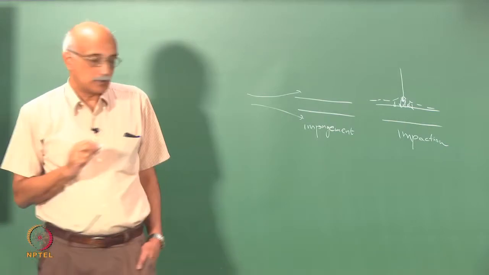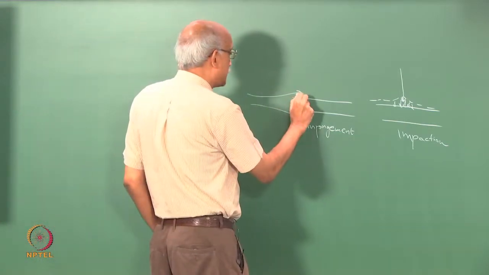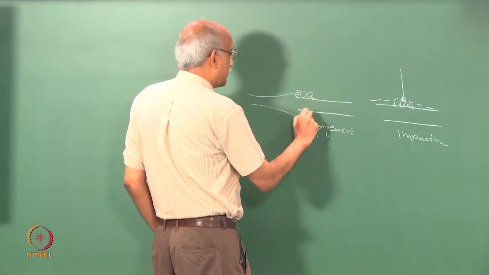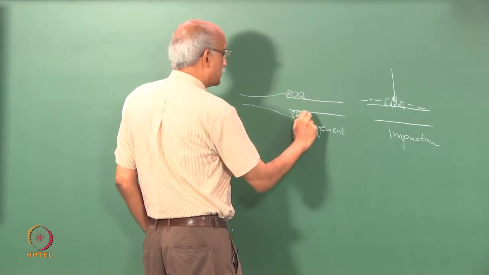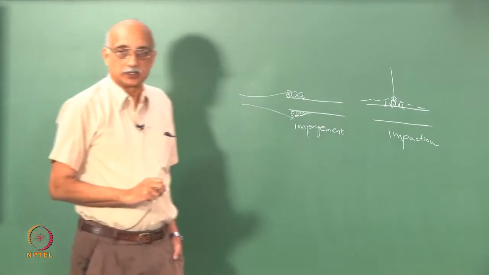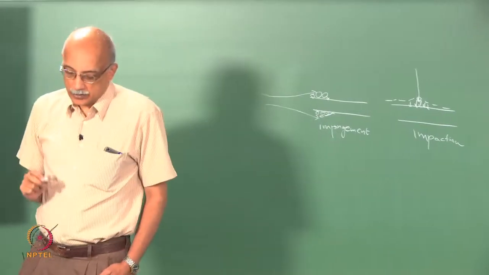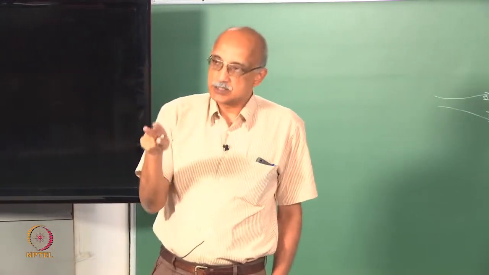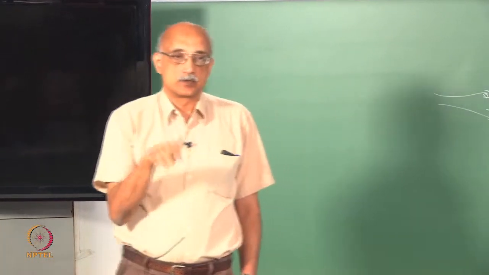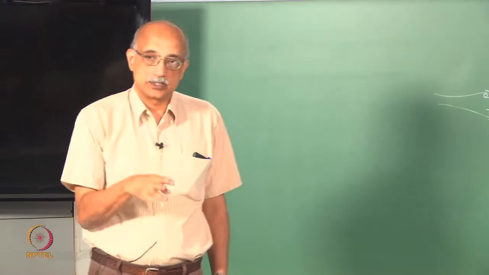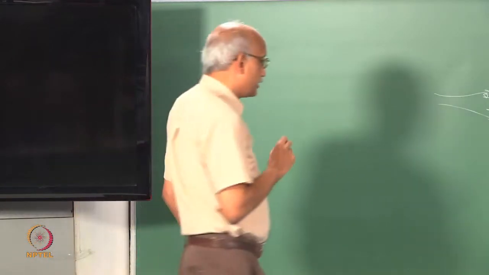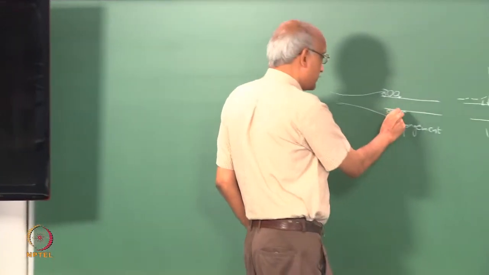Impingement is the mechanism by which the particles that are in contact with the plate get collected on the plate. So, it requires that the particle must follow a streamline which brings it within a diameter of the surface on which you are trying to collect the particle. So, that is the primary differentiator between impingement and impaction.